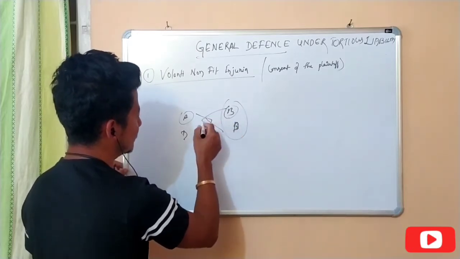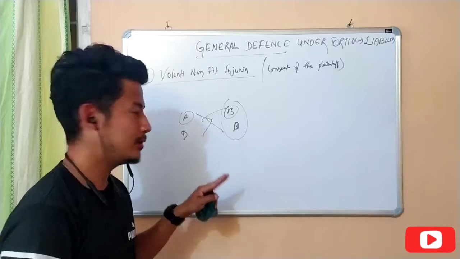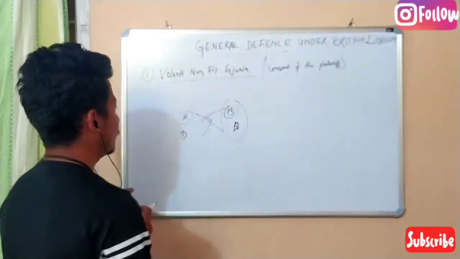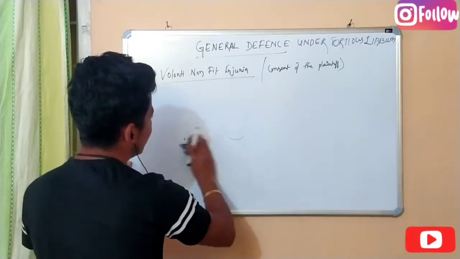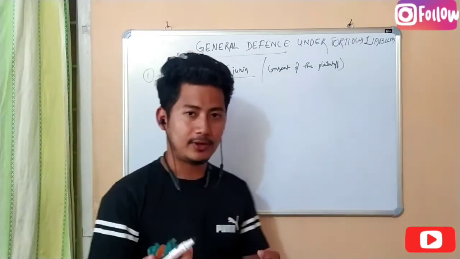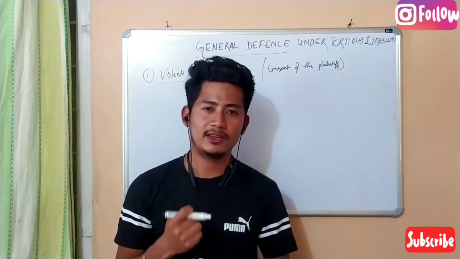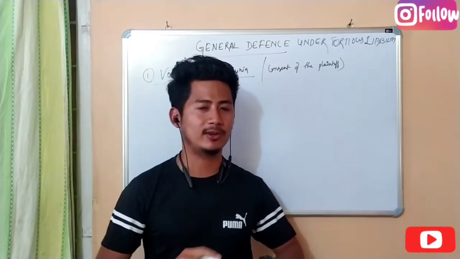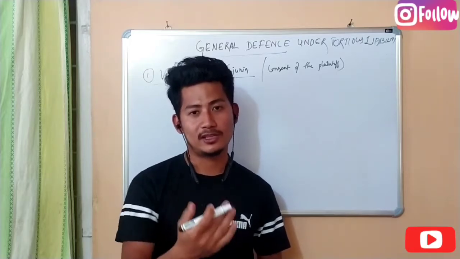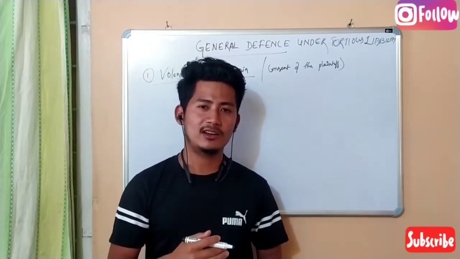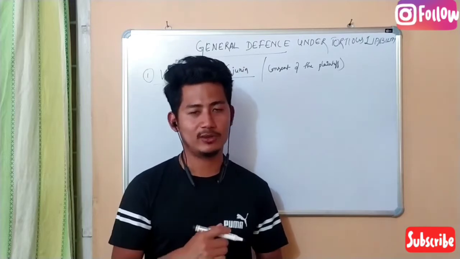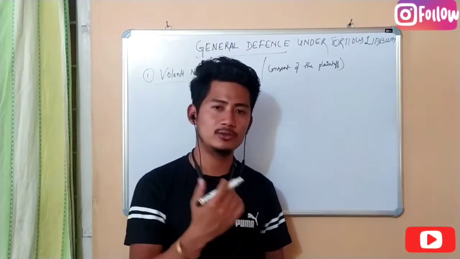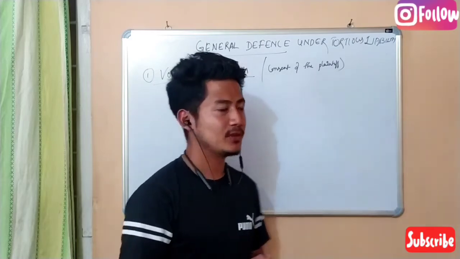B has given his consent to suffer such loss or harm which is inflicted upon B by A. That means if I give consent that, okay fine, if certain harm is inflicted upon me, I will not say anything to you, then even if I suffer any loss out of that consent, I will have no right to seek a remedy.